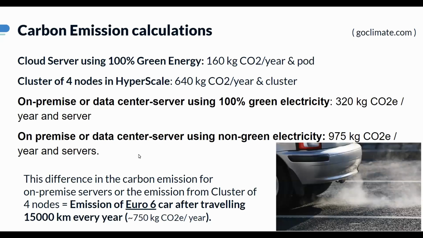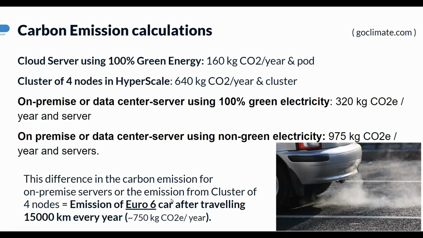And it was seen that this particular difference, or the 640 kgs of CO2 per year per cluster, is close to the emission of a Euro 6 car after traveling about 15,000 kilometers per year. So that's a huge number, I would say.